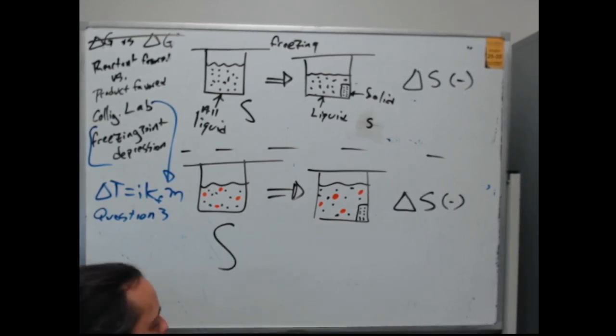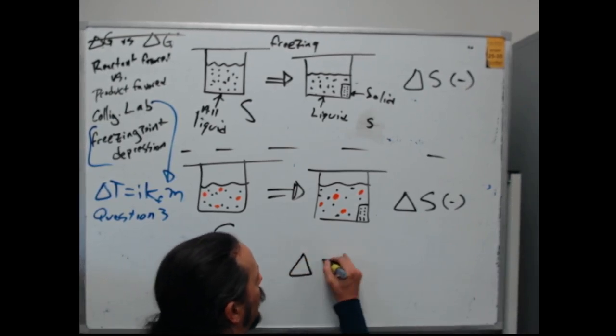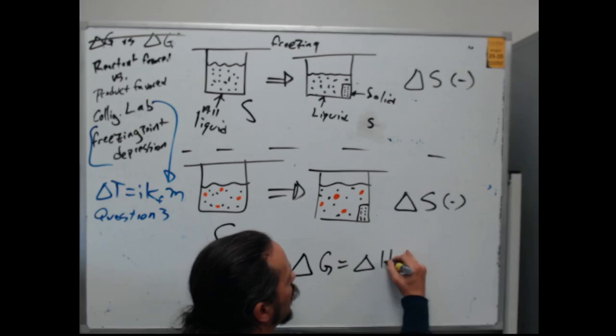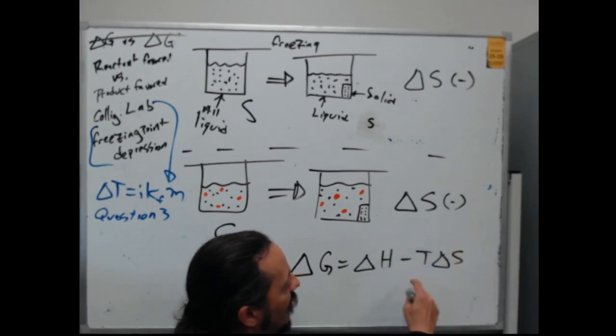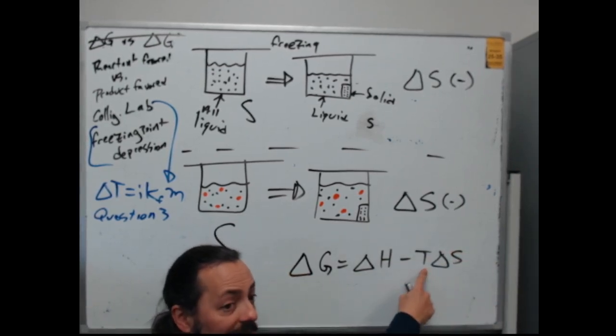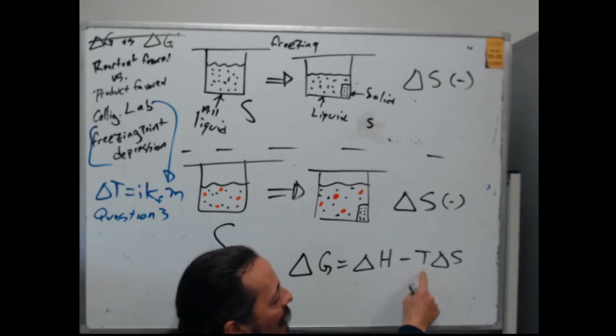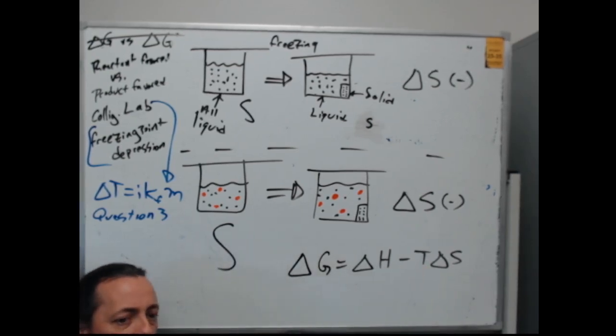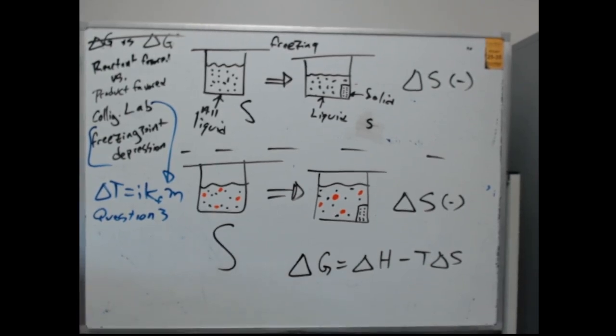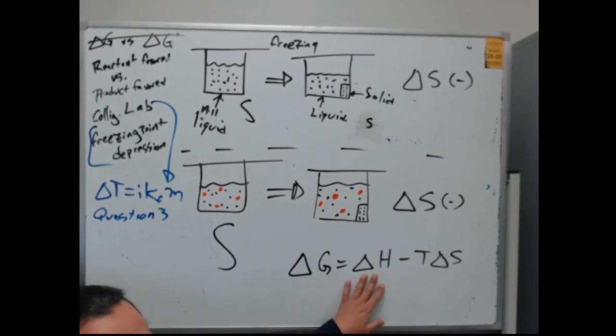What that means is when I start looking at my delta G equals delta H minus T delta S, the temperature at which this is going to hit the balance, where this is going to hit equilibrium, where this process is going to happen, that temperature changes. The delta H doesn't change.